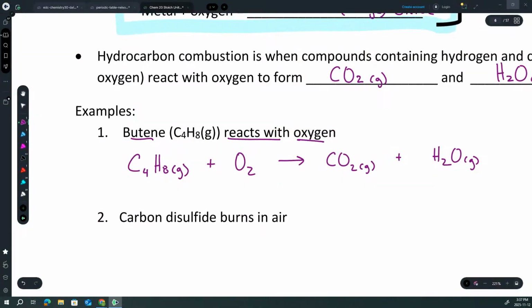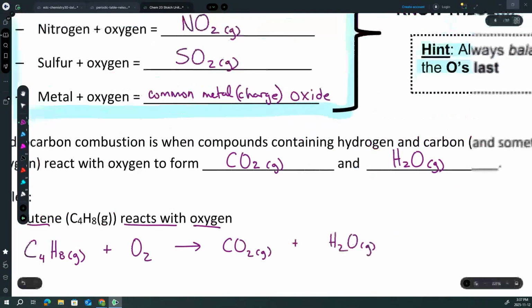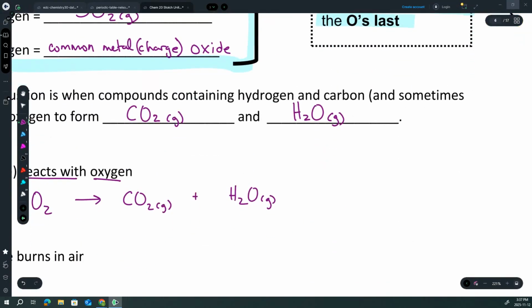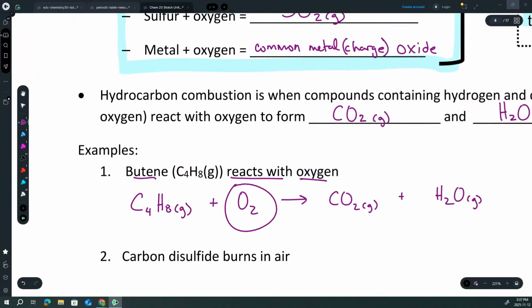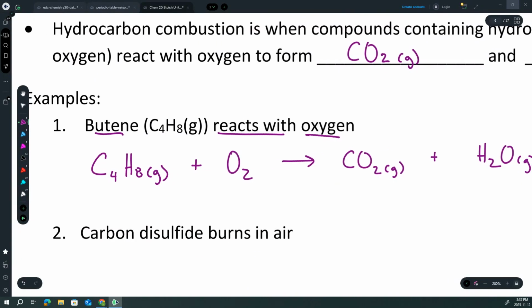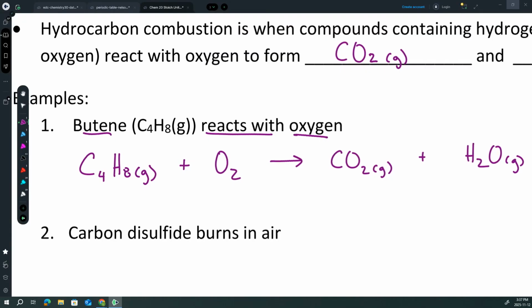Like this note over here said, we are going to leave oxygen to the very end to balance. With hydrocarbon combustions, I like to balance in this order: carbon first, then hydrogen, then lastly oxygen.